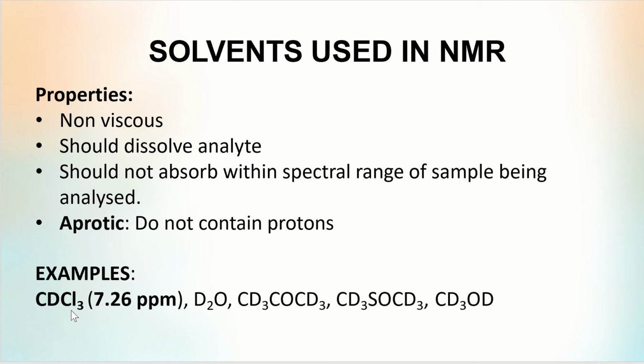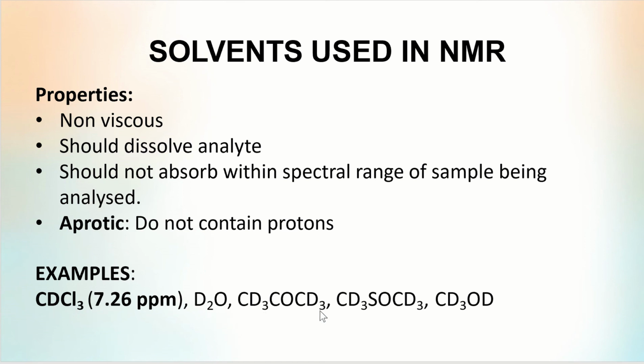All right, so I suppose the most commonly used solvent would be deuterated chloroform, which we have met before. And on the proton spectrum, you will see a peak at 7.26 ppm. And we have seen that already. In addition to deuterated chloroform, there is D2O, and we did mention that already.